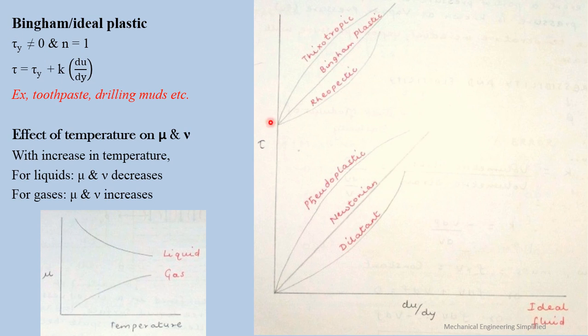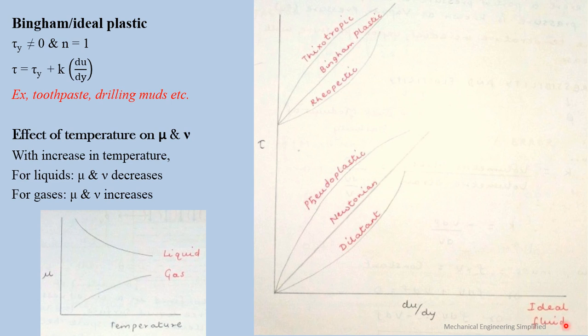So you can see in this diagram, this is the relationship between tau, that is shear stress, and the velocity gradient. In this case, you can see that this is Newtonian fluid, this is pseudoplastic, this is dilatant, this is Bingham plastic or ideal plastic, this is thixotropic and rheopectic, and this line shows the ideal fluid.